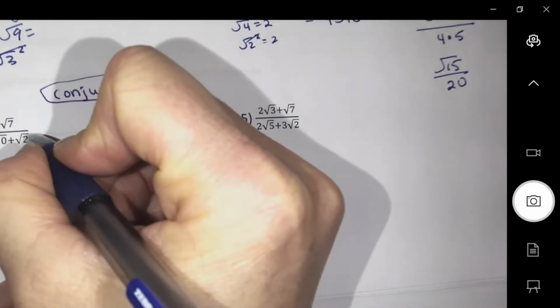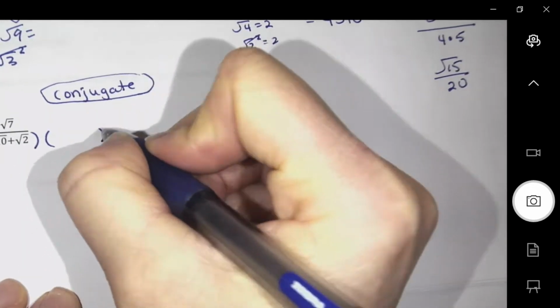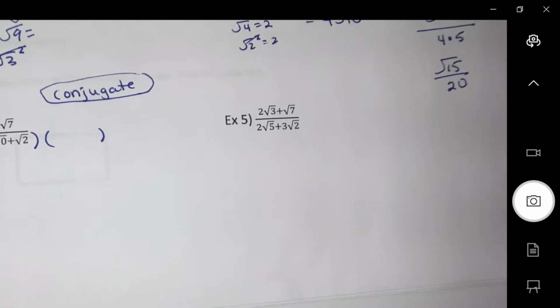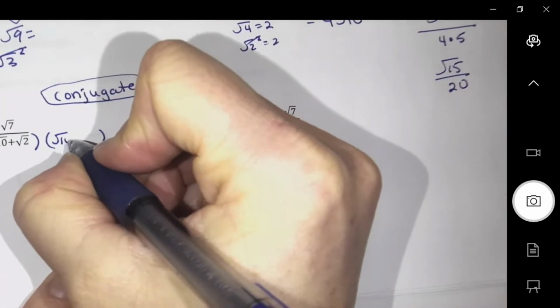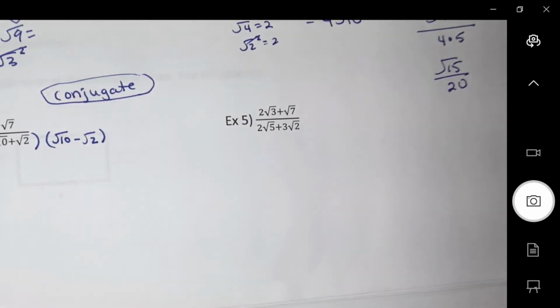So this is the bottom. How would I write the conjugate of that binomial? Kind of the same concept of thinking, how do you make a difference of squares? Okay, so a conjugate always has a plus minus.